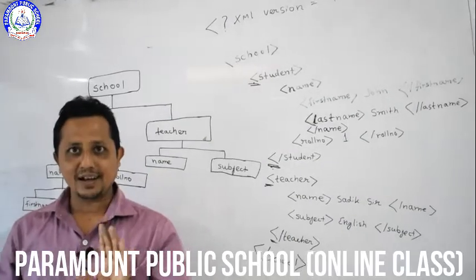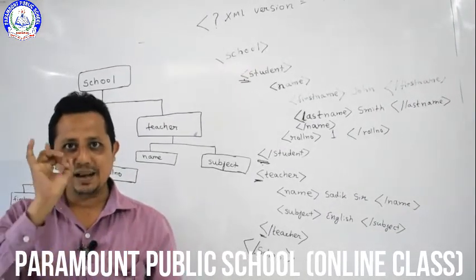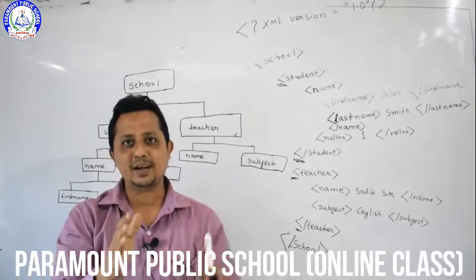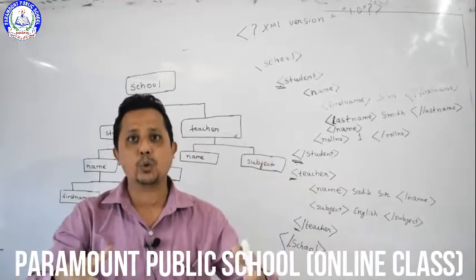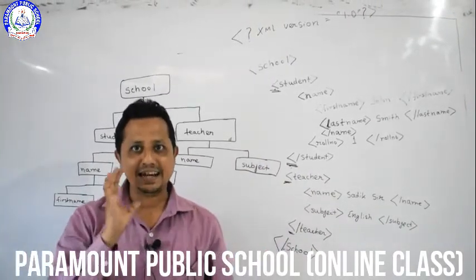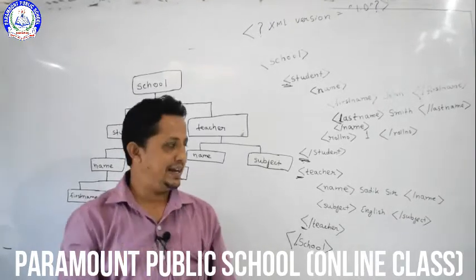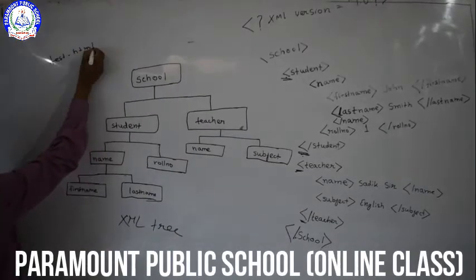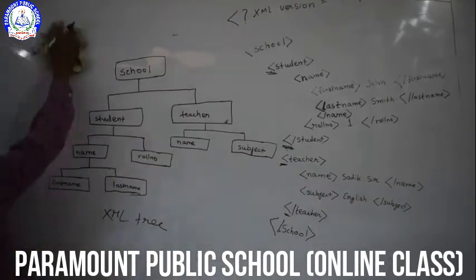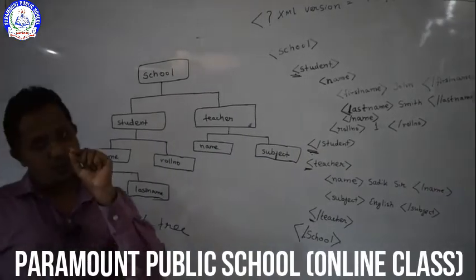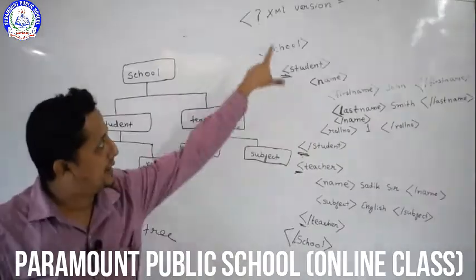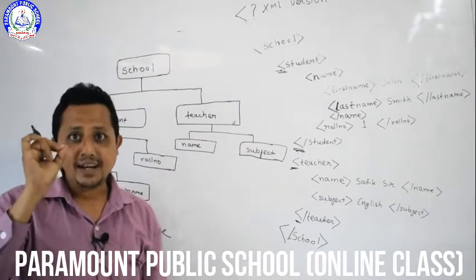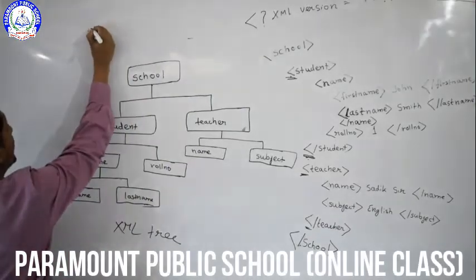And basically, XML document, I think you remember that. HTML document, how did we make it? We typed the tags, the code, in notepad and saved it as what? Any name, say test.html. Same case is there. In XML, we will type this document in notepad and save it with the extension .xml.